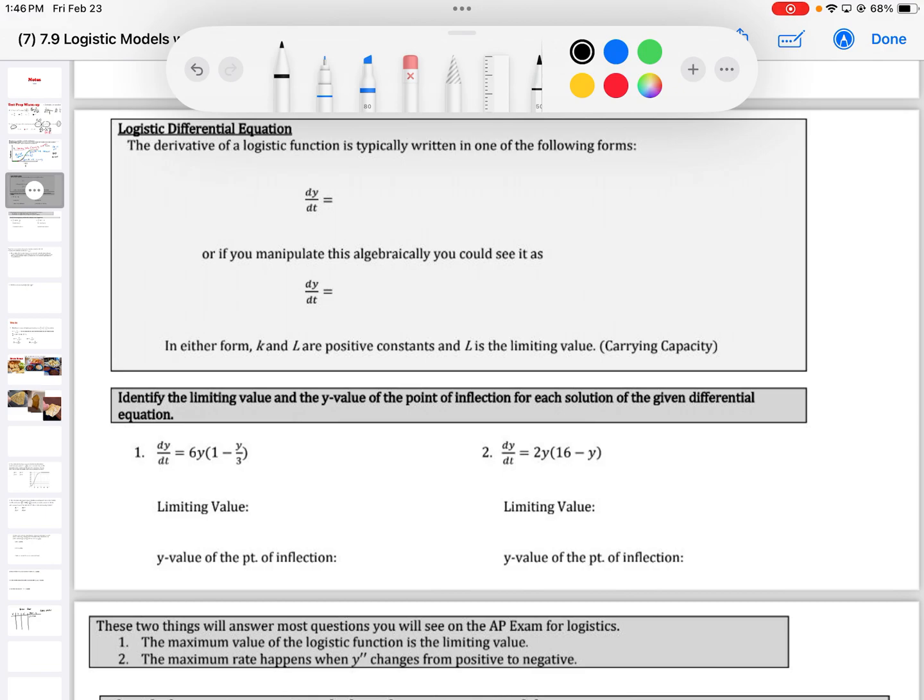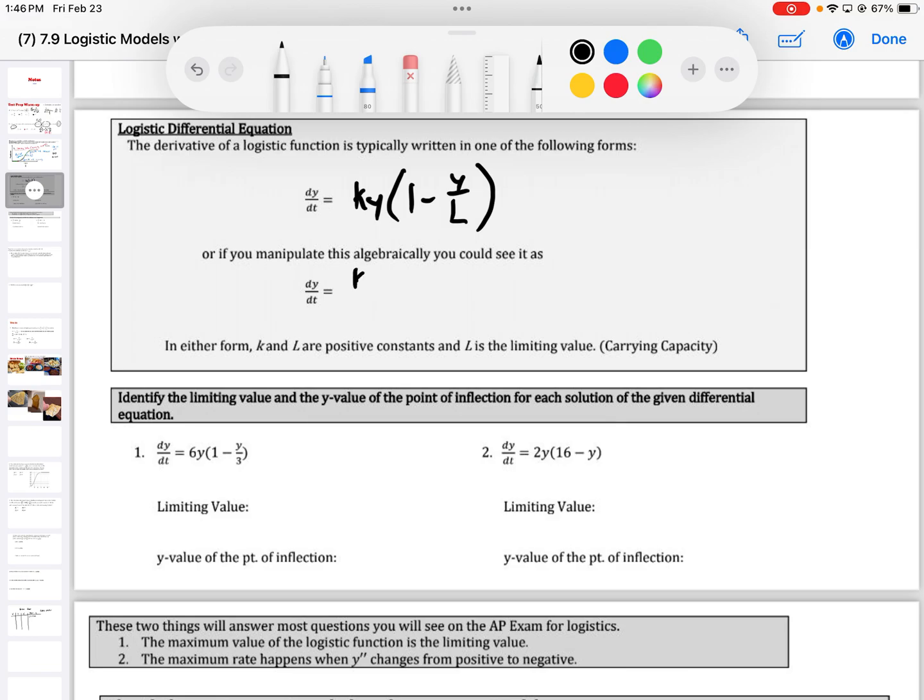it tells you. So the derivative of a logistic function might look like this: k times y times (1 minus y over L). That's the most common one. L is the limiting value or the carrying capacity, like the max.